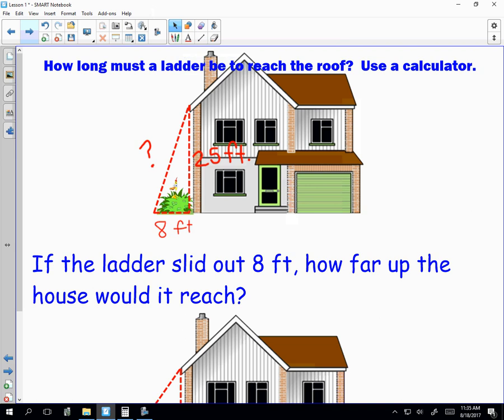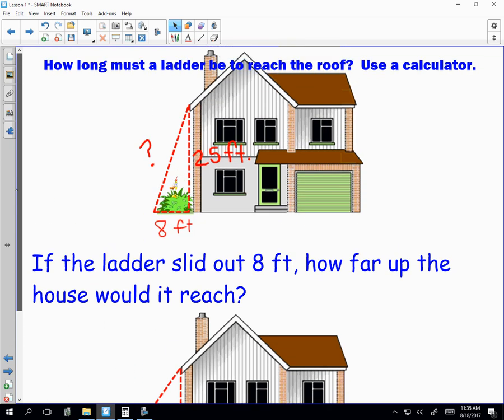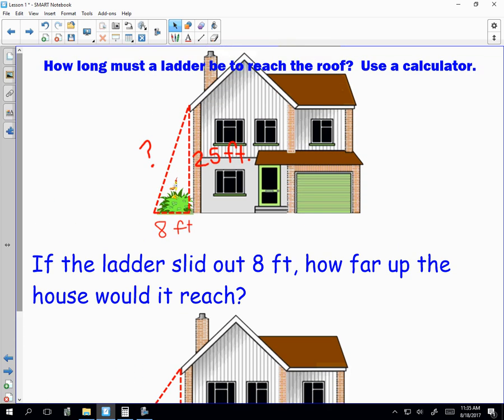Okay, last one. How long must a ladder be in order to reach the roof? So if we know that the ladder slid out 8 feet, we have a 25-foot distance. We're trying to find how long the ladder is.